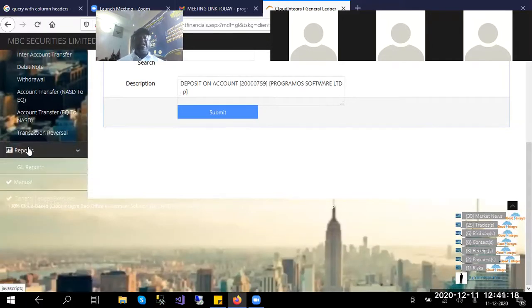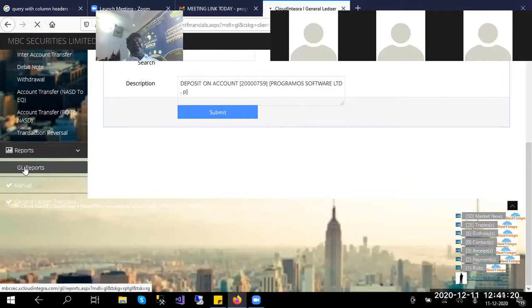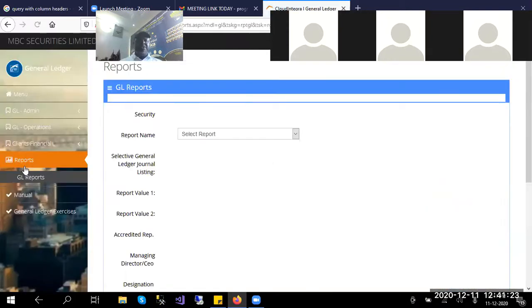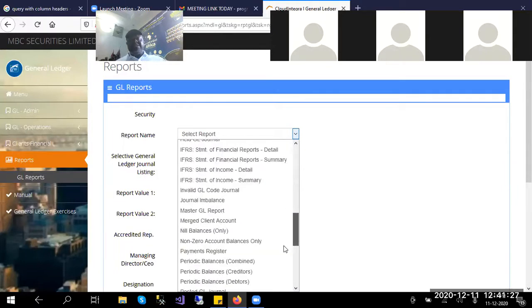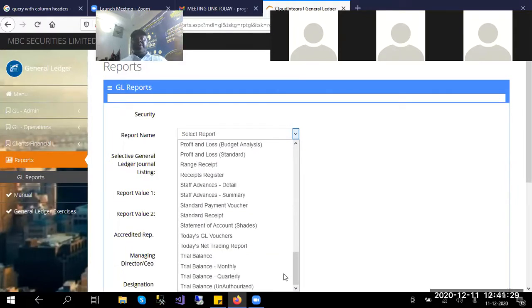And of course, generally you have all the reports on the application, which is vast. There are quite a lot of them. And all these reports are available to everybody within the unit, and whoever has the model has the privilege of reporting on financials.